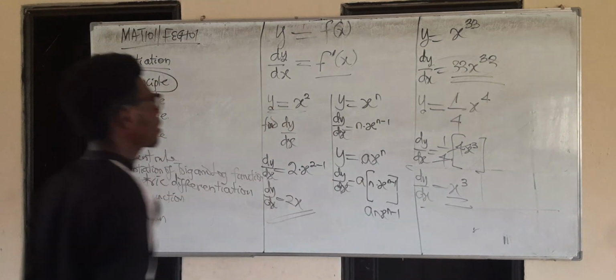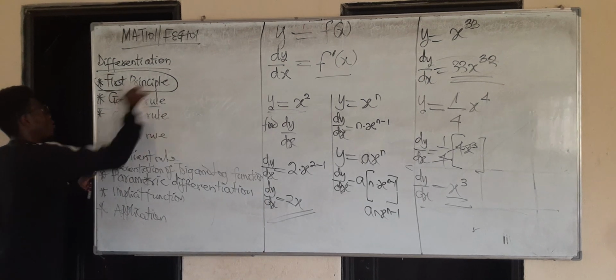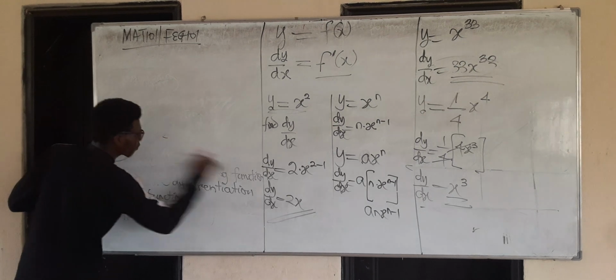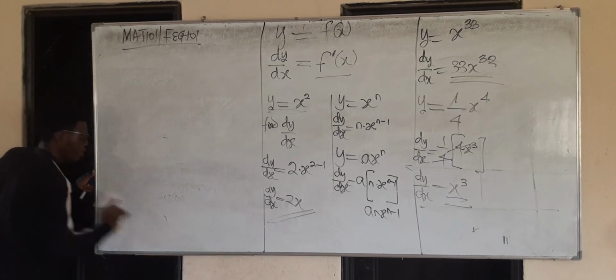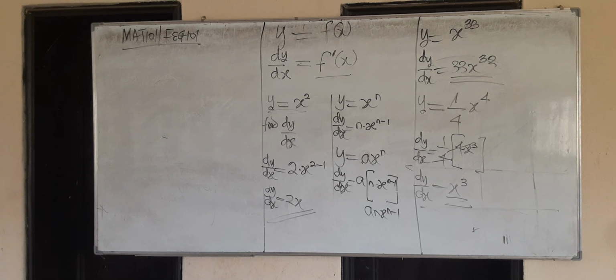So this is minor cases of monomials. Can I get this one? Yes. Okay.